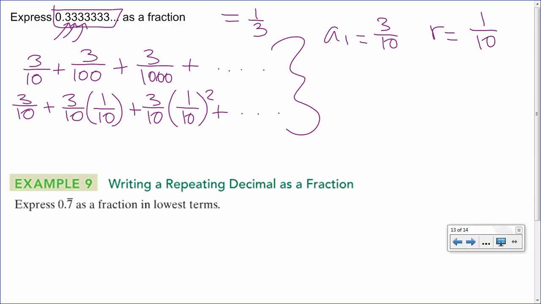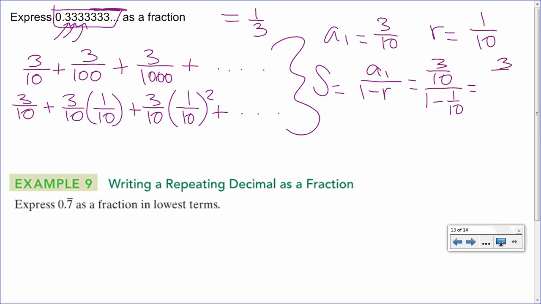So the sum of the whole infinite sequence, the whole thing, even with the lines that you were mentioning, will be the first term divided by 1 minus the ratio. The first term is 3 over 10, so we have 1 minus 1/10.